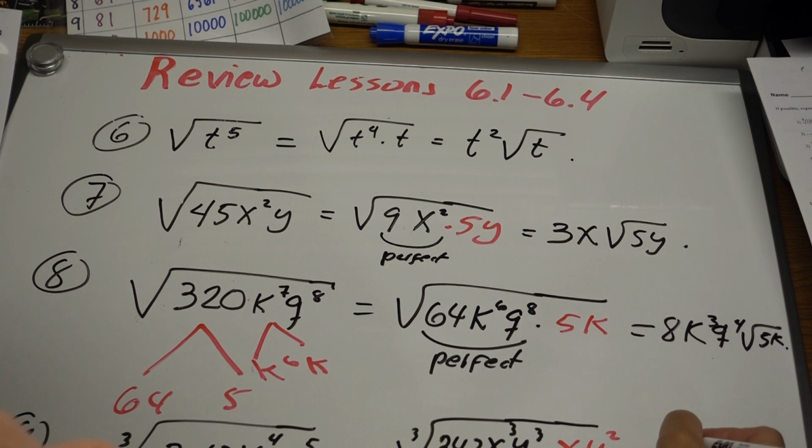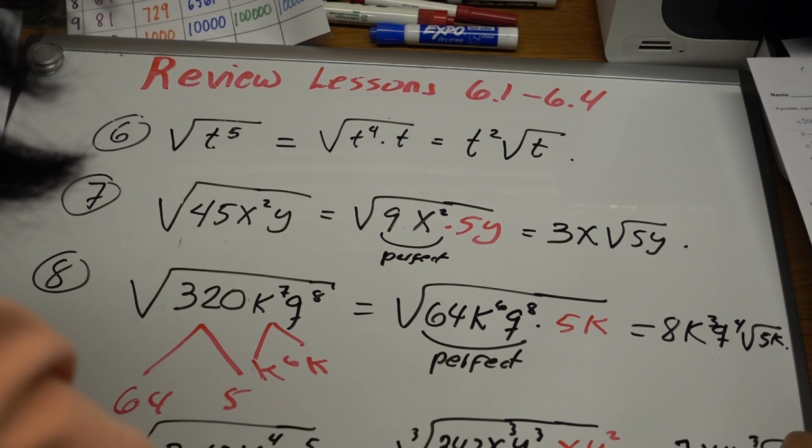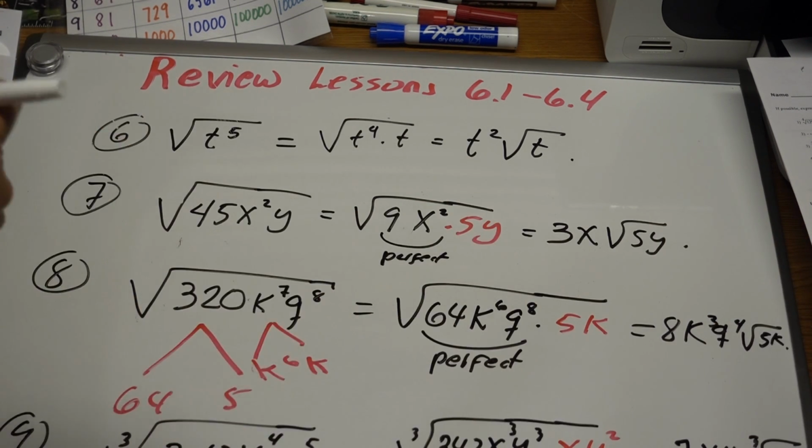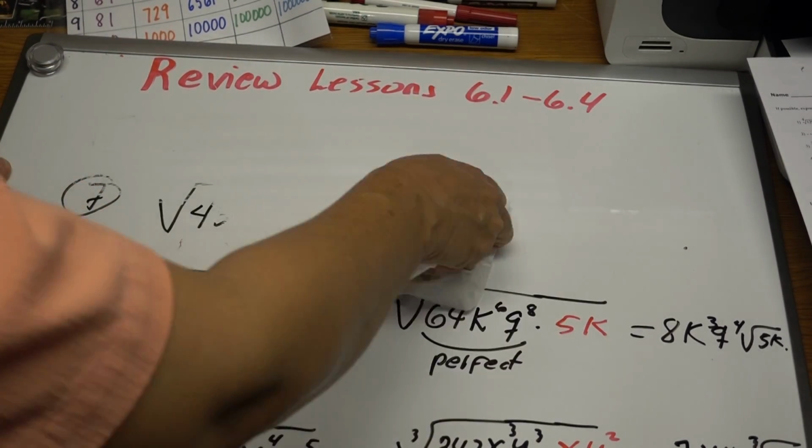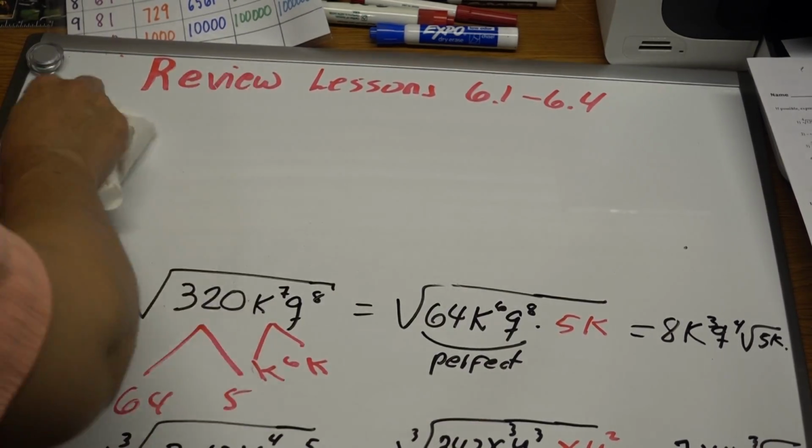So we have 7 x to the 1st power, y to the 1st power, cube root of x y squared. Remember, once the exponents inside are less than the index, then you are done. That was number 9. Let's do number 10. Let me erase these two parts from here to do number 10.